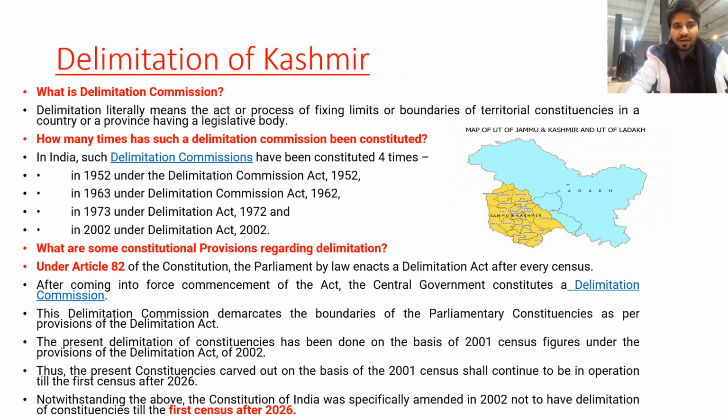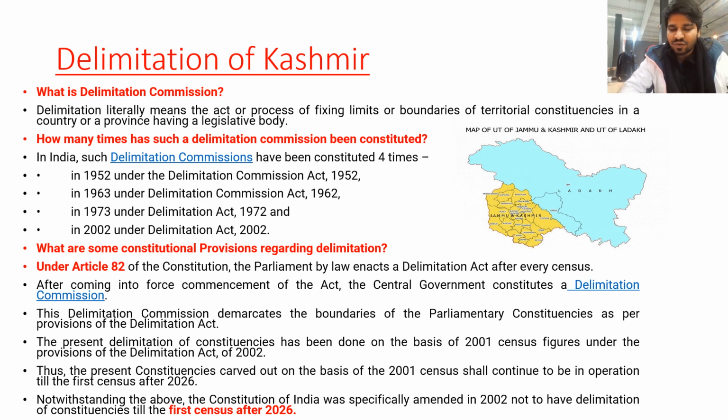Now comes our next important topic, that is the delimitation of Kashmir. We must be aware of what delimitation means. Delimitation means adjusting the constituencies by the delimitation commission, because there have been changes in the population of those constituencies. This is the simple meaning of delimitation.